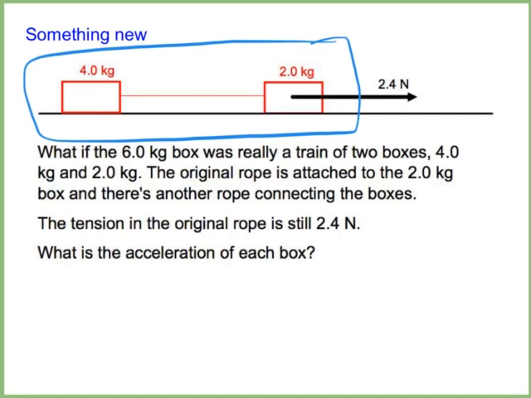And since it's the same 6 kilograms that we just solved, our acceleration would again be 0.4 meters per second squared. So the idea here is that ignoring the connections and just looking at the whole system can allow us to find the acceleration of everything and each individual part all at once.